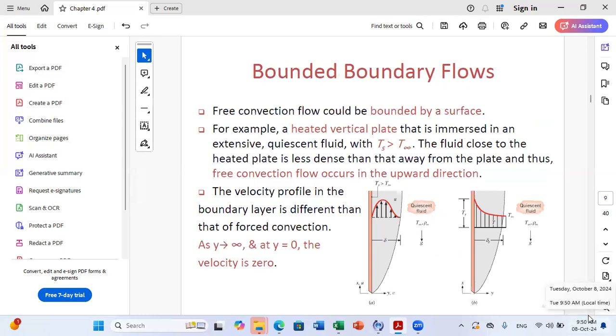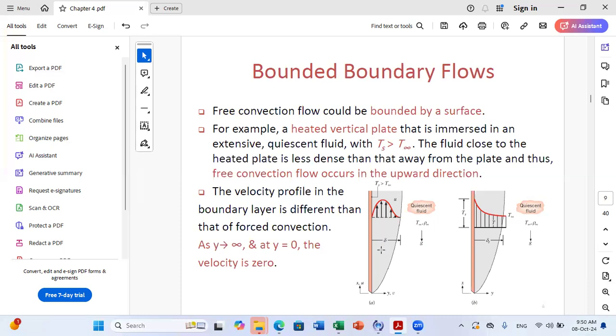boundary layers. What do we mean by boundary layers? Whenever you have a surface at a temperature different from that of the air, this will lead to a temperature gradient, and the temperature gradient will induce fluid motion. For example, consider free convection bounded by a surface.